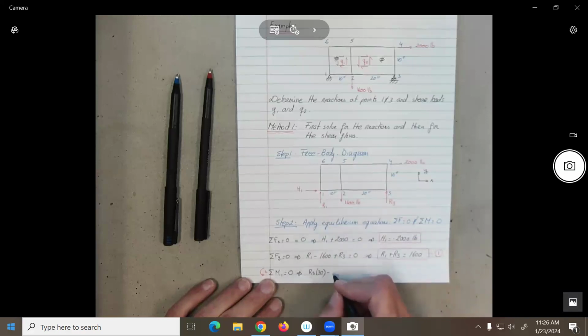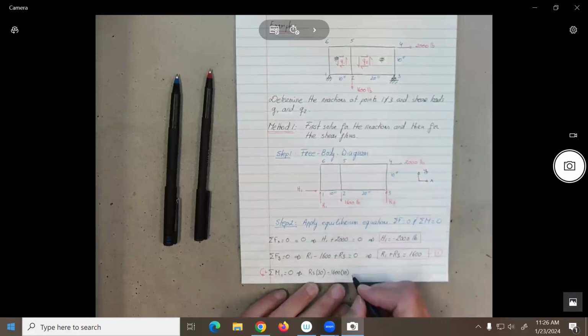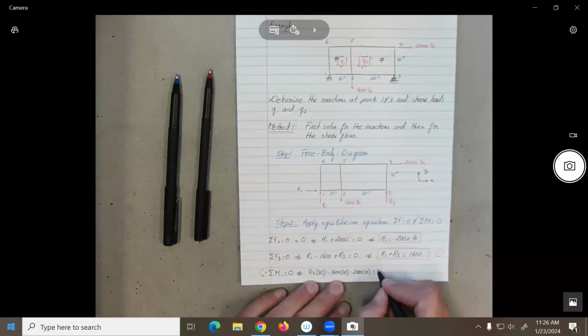Negative, so minus 1600. What will be the arm? 10. And now what will be the moment created by the 2000? Positive or negative? Positive. We will go clockwise, so it's negative. So 2000, and what will be the arm? 10 again. Equal to 0.